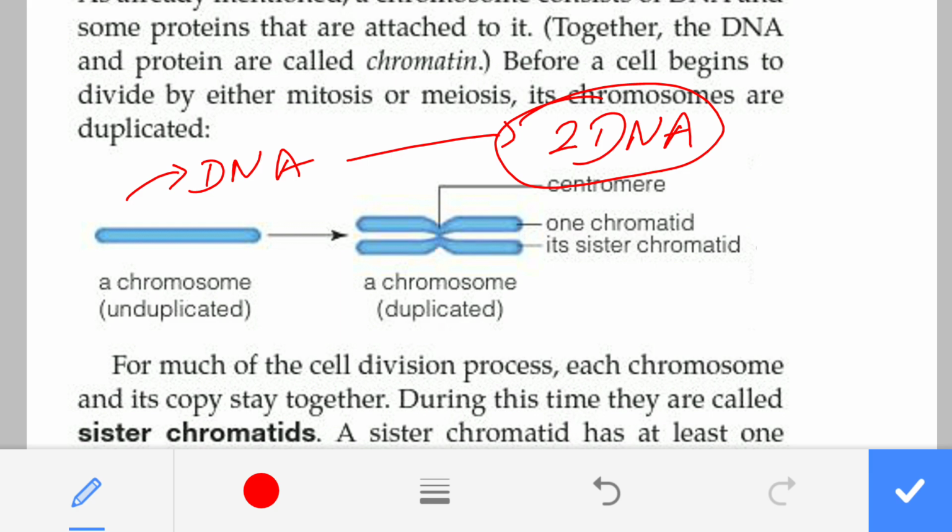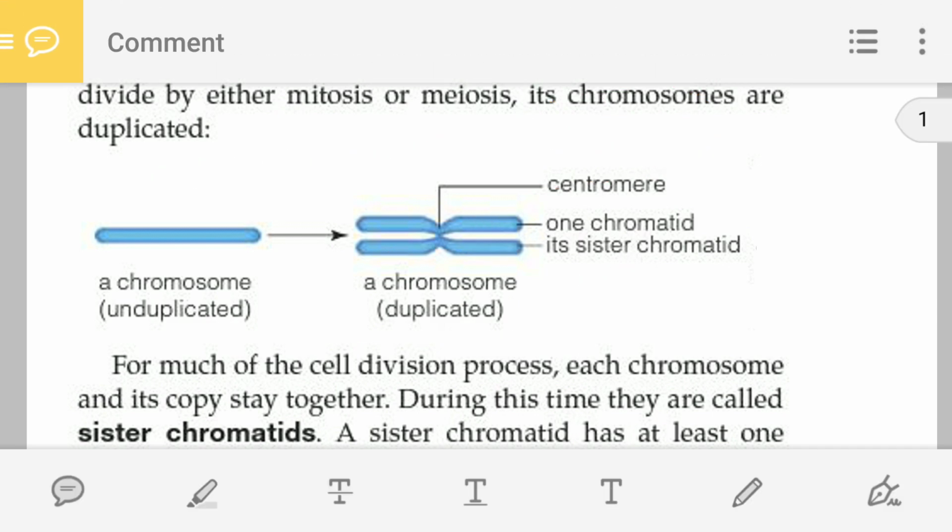For example, over here this one is one chromatid and another chromatid is there. So this chromatid is now known as sister chromatid. So now during the cell division, the chromosomes are duplicated and they are having two chromatids.